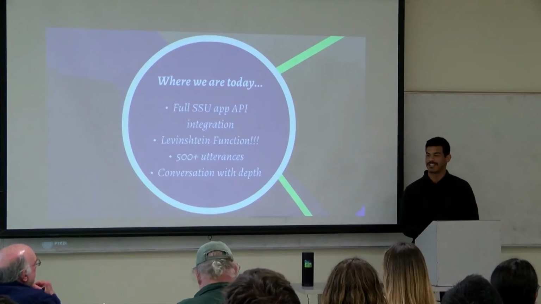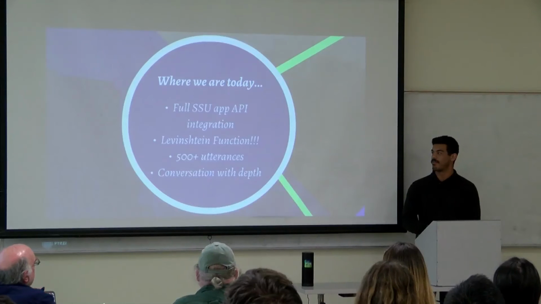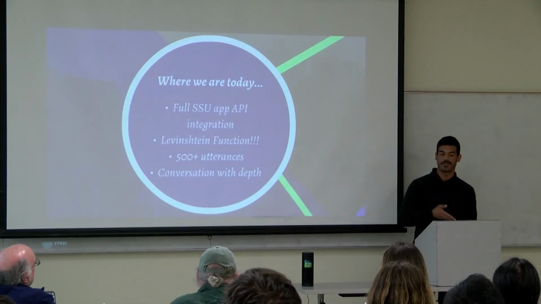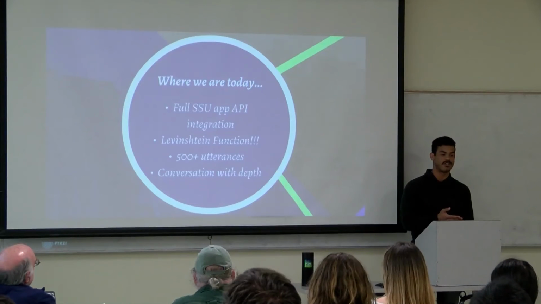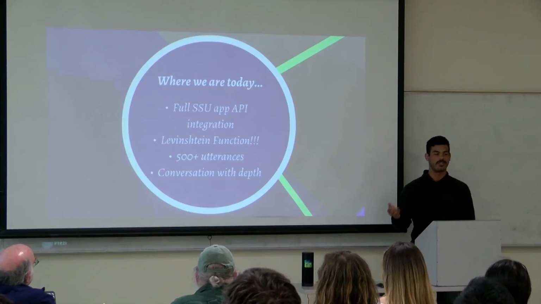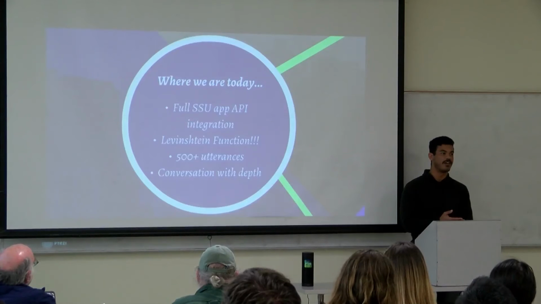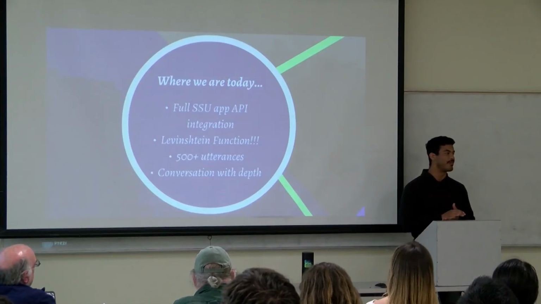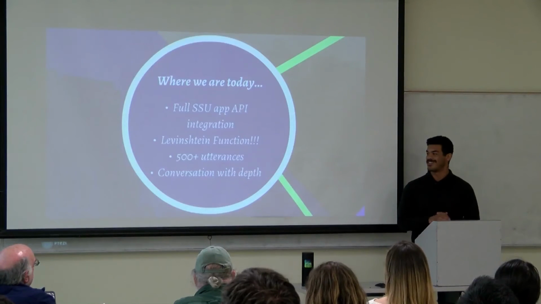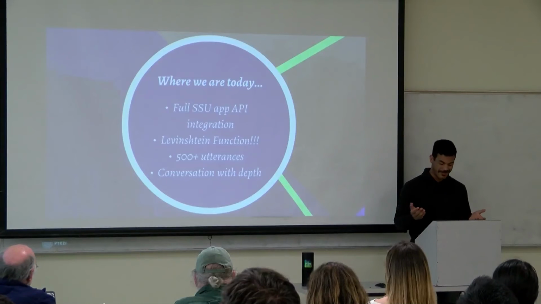So we added the parameter of adding the first name as well as the last name. What the Levenshtein function does is measure the number of insertions and deletions of a string in order to change it to the key. By doing that, we're able to find what the user wants, essentially.